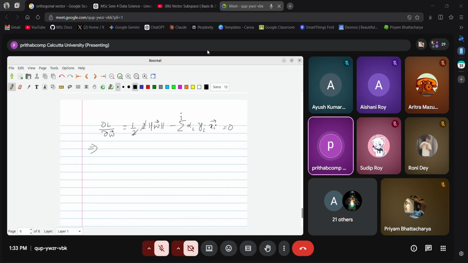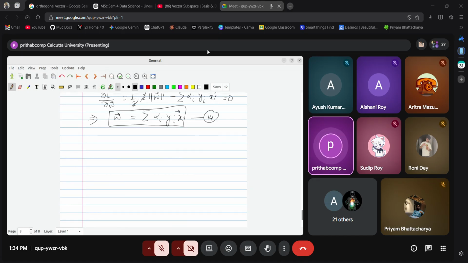Now from this, what you get is this unit normal vector equal to the sum over alpha i yi xi, right? Now you notice one thing. Let's call this 14. So you have obtained the value of this normal vector.